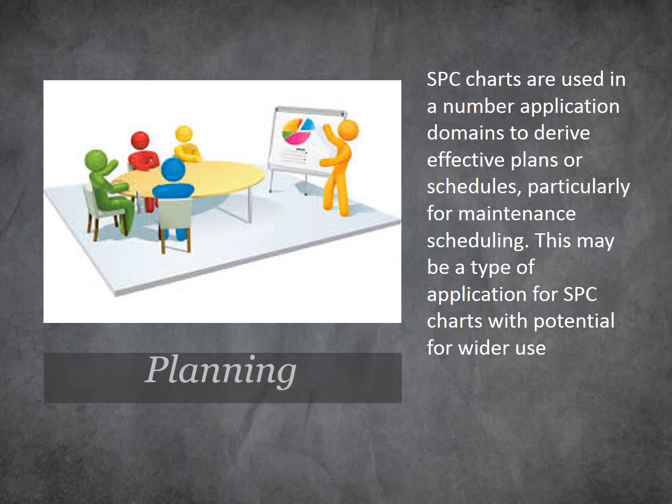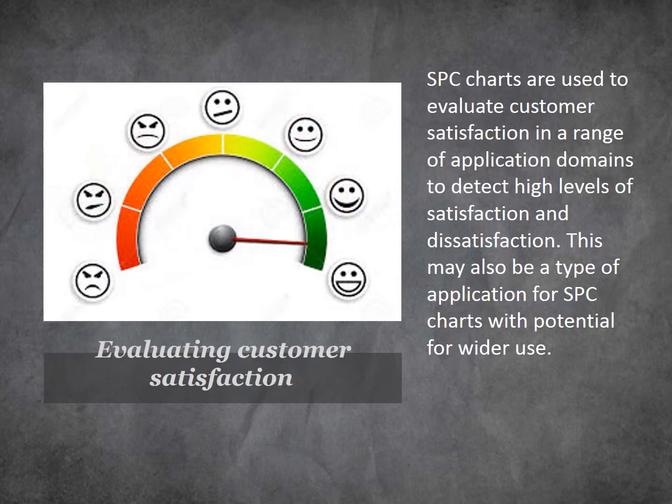This may be a type of application for SPC charts with potential for wider use. Next, evaluating customer satisfaction. SPC charts are used to evaluate customer satisfaction in a range of application domains to detect high levels of satisfaction and dissatisfaction. This may also be a type of application for SPC charts with potential for wider use.